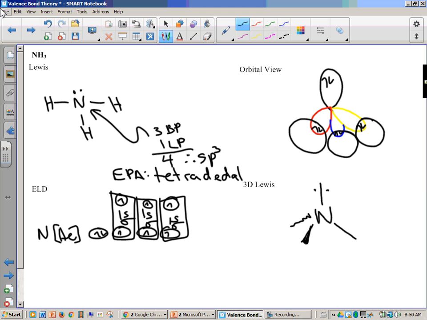Now, normally when we get rolling, you wouldn't put a line there. It's not a bond. It's a lone pair. But I just want to give you guys a sense of the fact that we're using the same shape. And actually, on my next example, we won't put the line in there. I'll tell you how we adjust for it. But that's how we're dealing. So now we just need H, H, H.